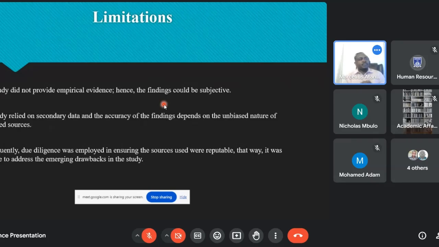Limitations. This study did not provide empirical evidence. I said this earlier. When we talk of empirical evidence, we mean collecting first-hand data and analyzing it.